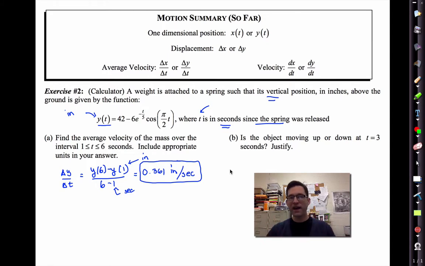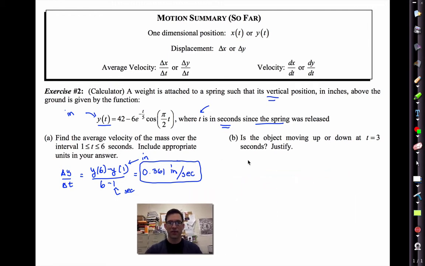And what we're really asking in this question is, is y increasing or decreasing? And the way you always tell whether a function is increasing or decreasing is by using its derivative, right?